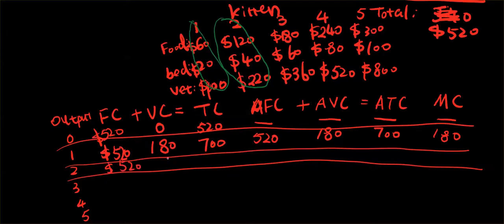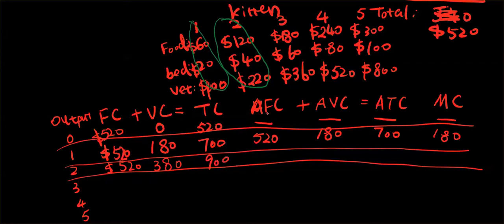So still 520, but the variable cost equals 120 plus 40 plus 220, and if we add all of them together, we got $380. And the total cost equals $520 plus 380, and we got $900.